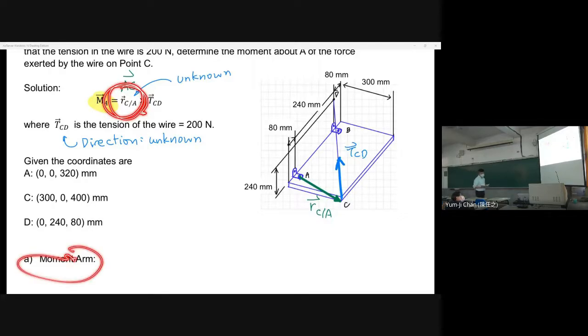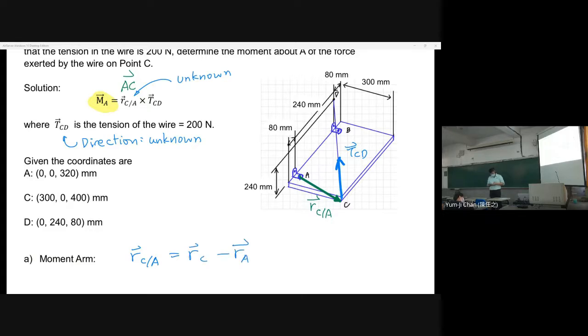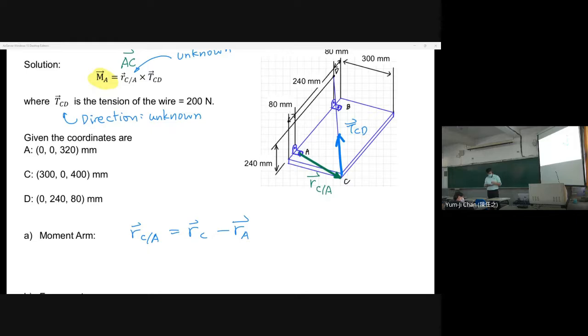Here we have the moment arm. The moment arm RCA, which is RC with respect to A, is equal to RC minus RA. Because the coordinates of A, C, and D are known, this is equal to 300 i plus 0 j plus 80 k millimeter.